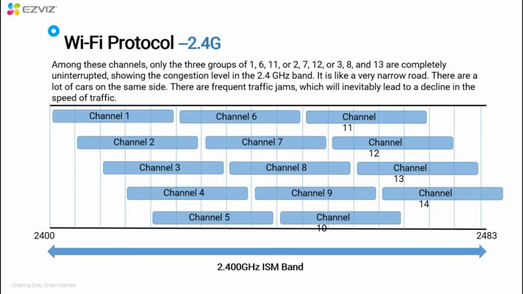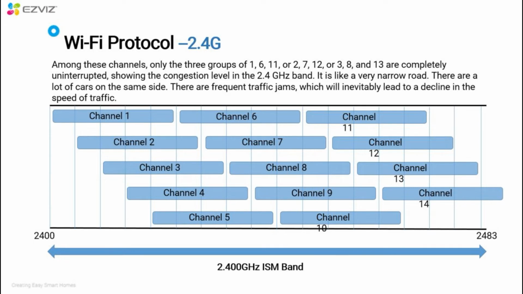Among these channels, only the three groups of 1, 6, 11, or 2, 7, 12, or 3, 8, and 13 are completely non-overlapping, showing the congestion level in the 2.4 GHz band. It's like a very narrow road. There are a lot of cars on the same side.